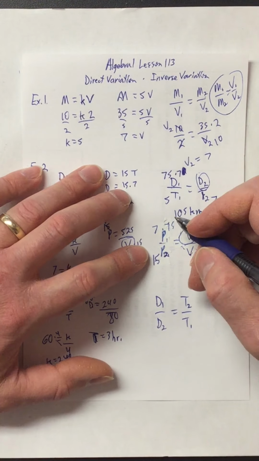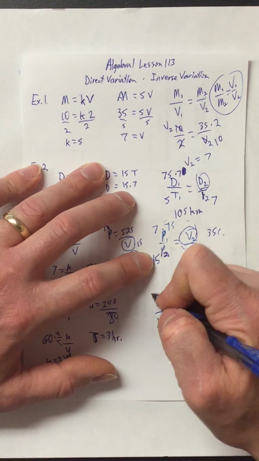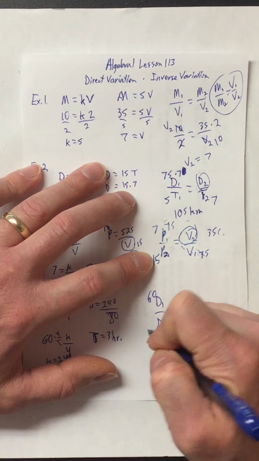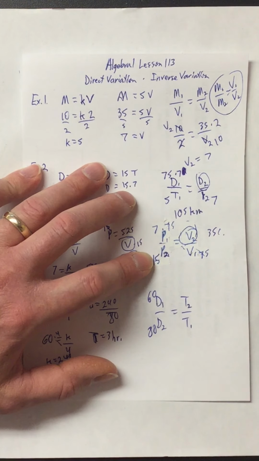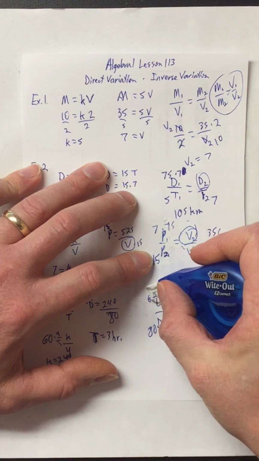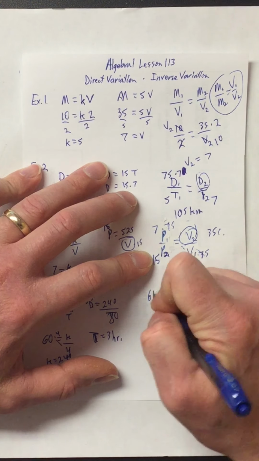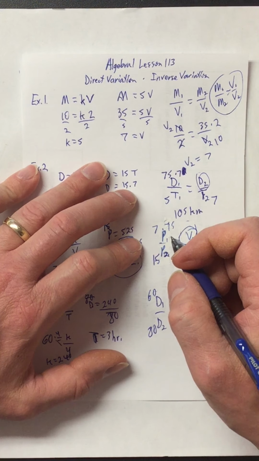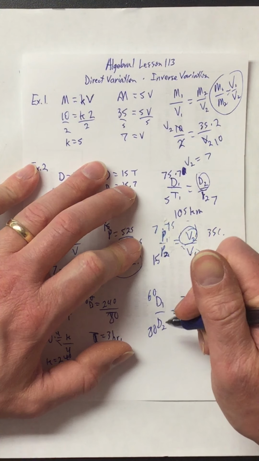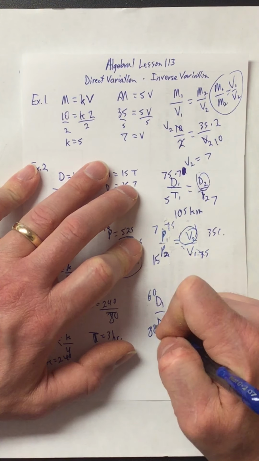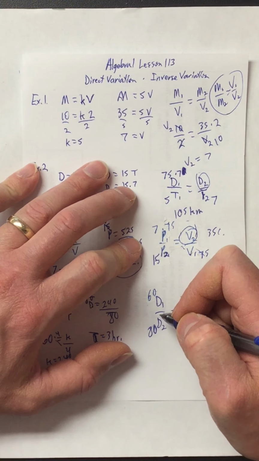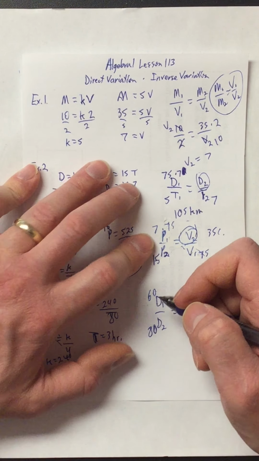Okay, let's do this same problem here. Our first distance is 60 kilometers. Our second distance... oh, that's wrong. Sorry, that's why I'm getting messed up.